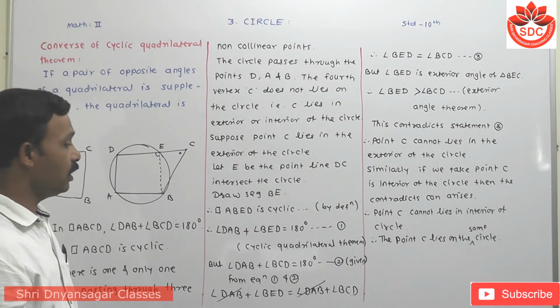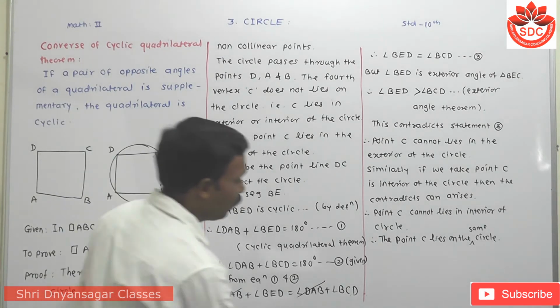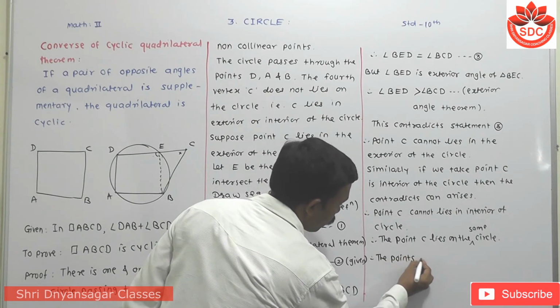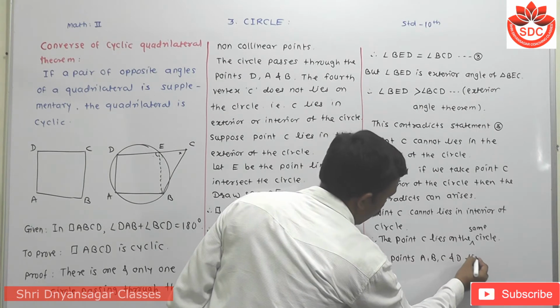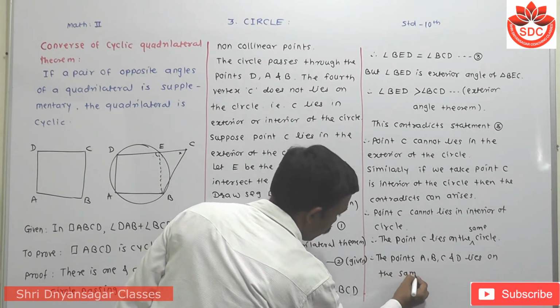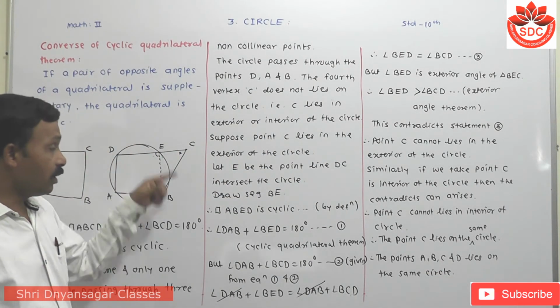Therefore these points A, B, C and D lie on the same circle.